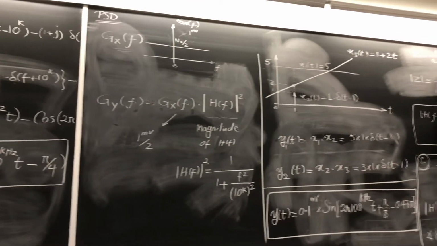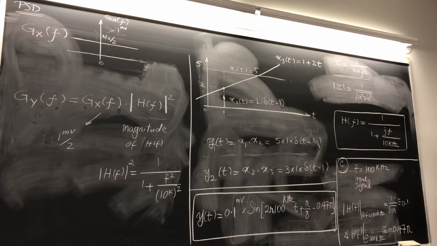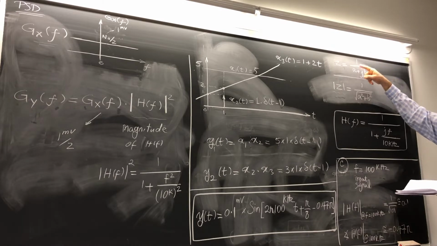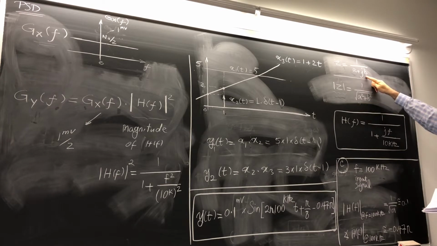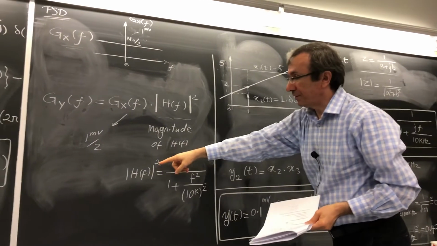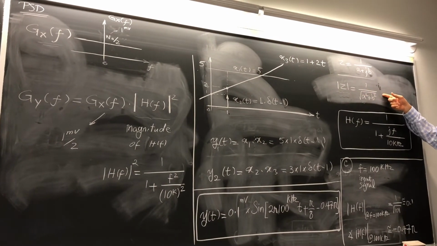The magnitude of a complex number doesn't include the j. So it's 1 over the real part squared plus the imaginary part squared without the j. So this is where we get rid of j. And the squaring we've got here helps get rid of the square root.